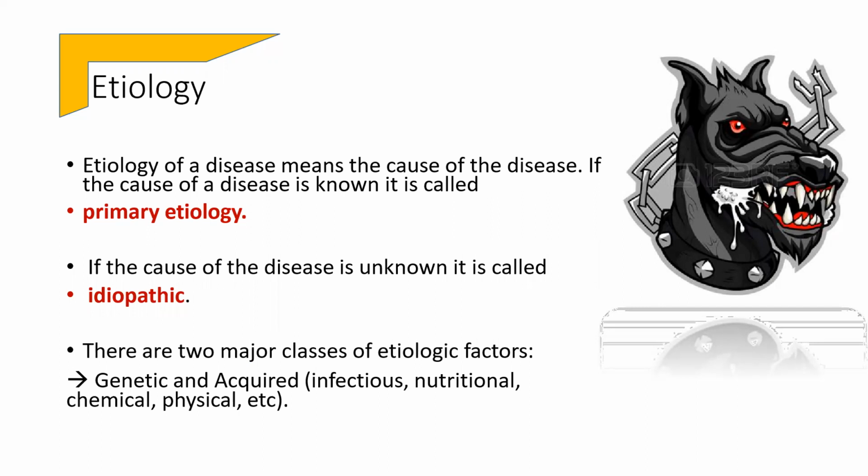If the cause of the disease is unknown, that is called idiopathic etiology. There are two major classes of etiologic factors. Number one, genetic and acquired. Genetic is transferred from the parents. Acquired means infections, nutritional, chemical, and physical.